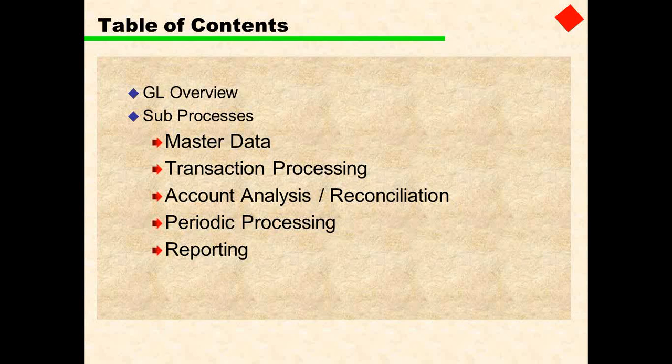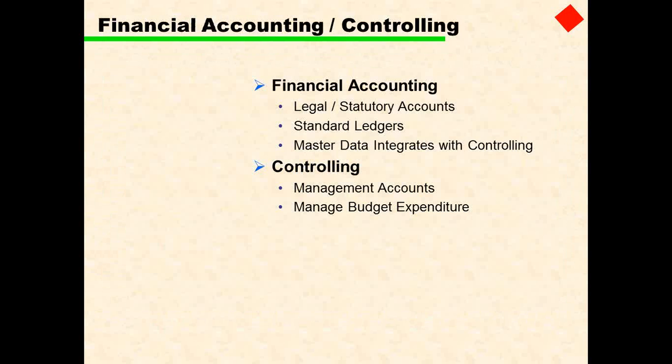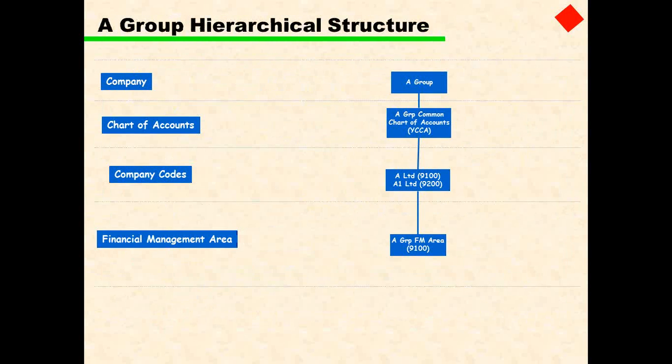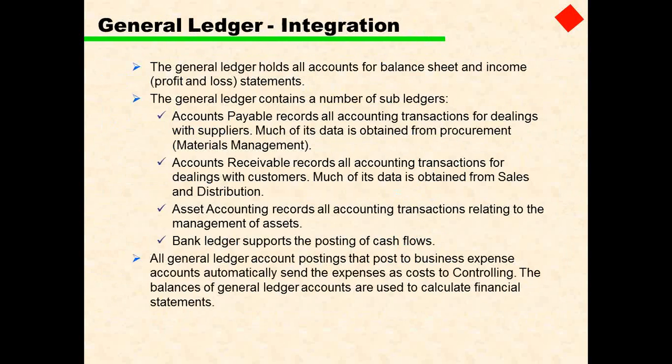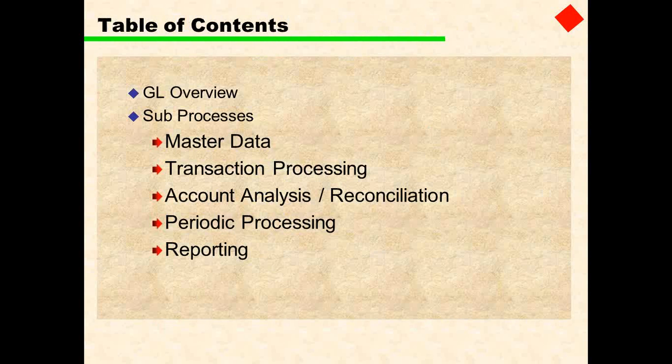How much open items are pending? How long, how many invoices have been outstanding for you to pay? All those things. Okay. And also you have your periodic processing, your month-end processing, as well as your quarter-end processing, as well as your year-end processing. Okay, all those things are processes that you have to do.